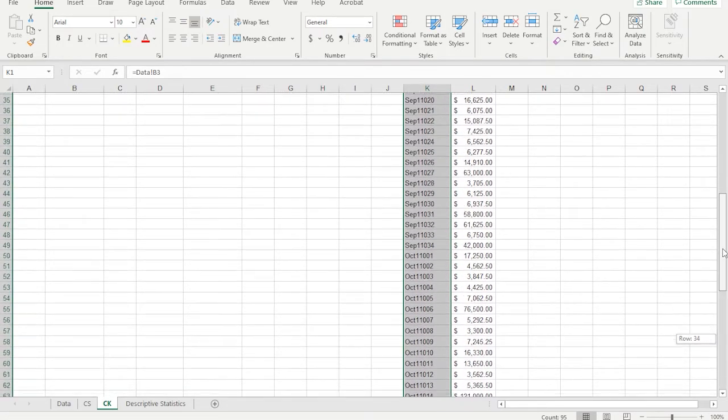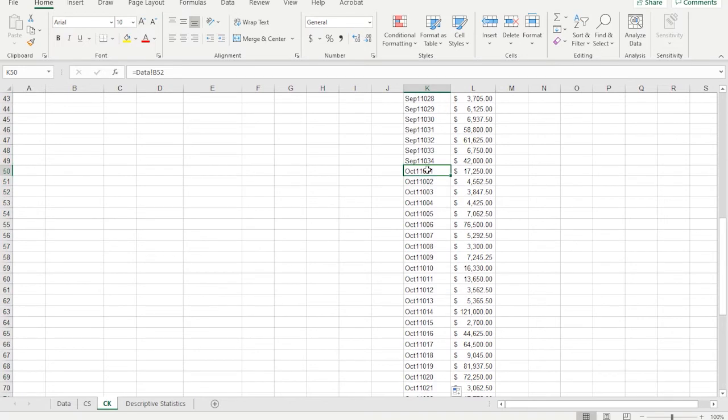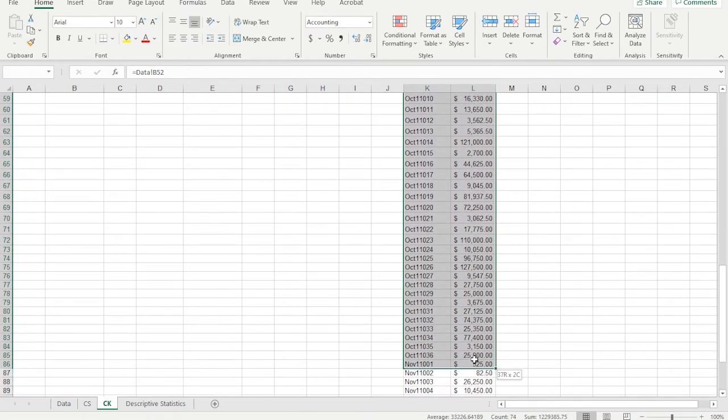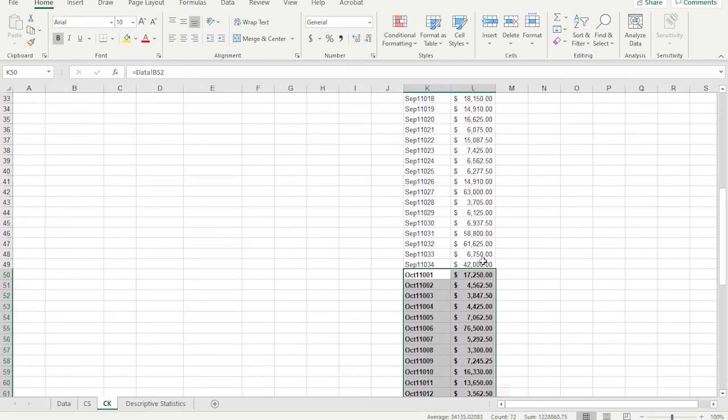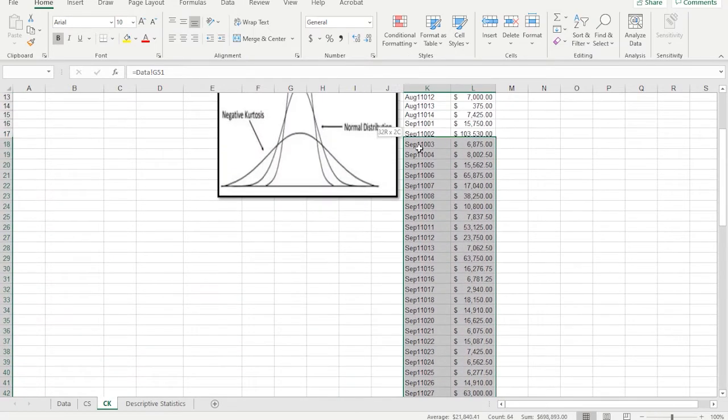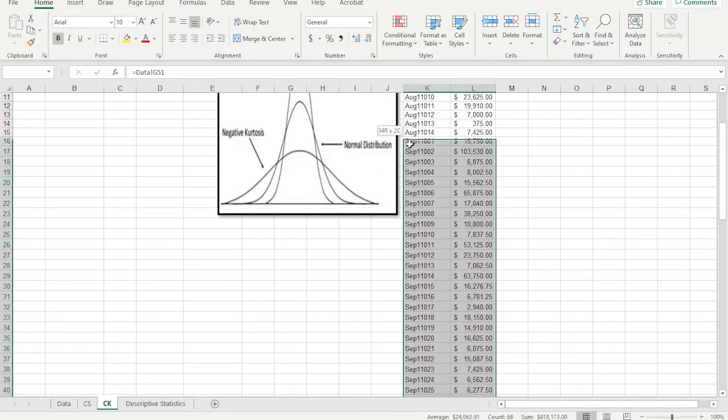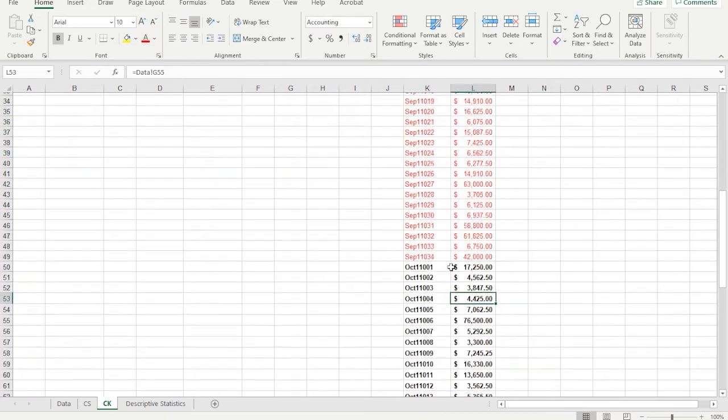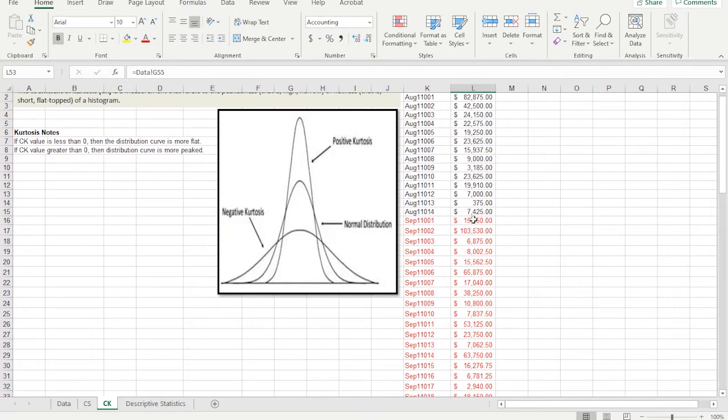So what I'm going to be focusing on are two particular portions, and I'm going to develop histograms. I also want to do the kurtosis measurement itself. So I am going to select October data, and then I also want to select the September data. Right? So I'm doing this so I can compare measurements eventually. So I'm just going to put them in different colors, and then I'll refer to them in a bit. Or better yet, you know what?